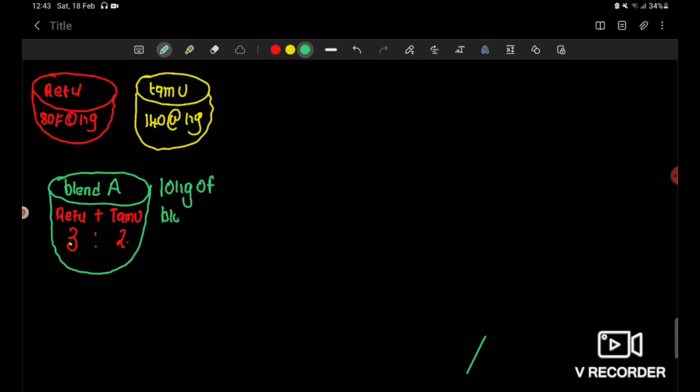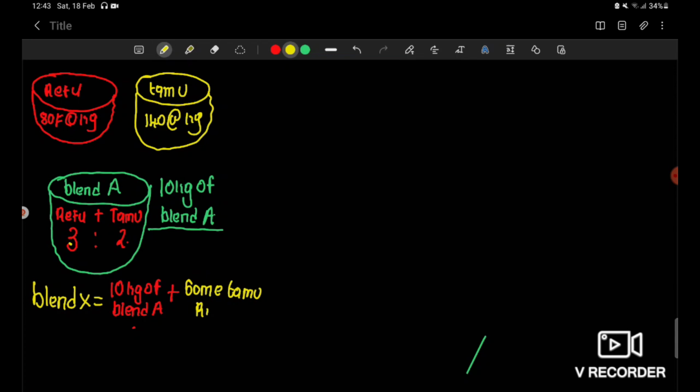of blend A. But this retailer went ahead and added some tamu rice to this 10 kg of blend A he bought, so that he created another blend called blend X. Blend X was a result of 10 kg of blend A plus some tamu rice whose kg we don't know.